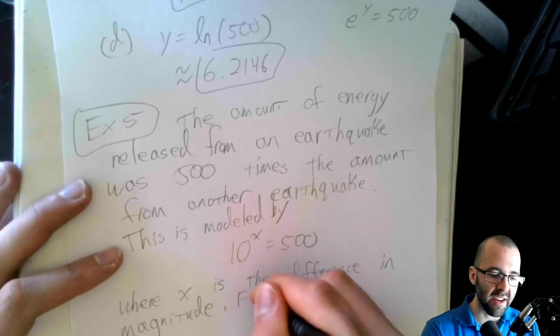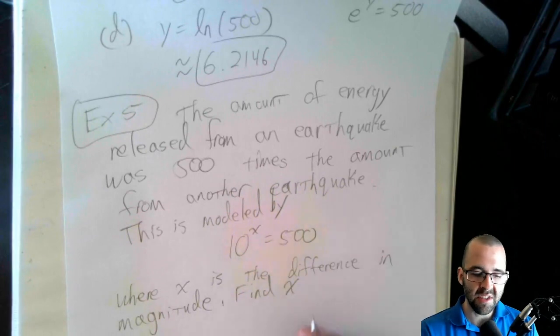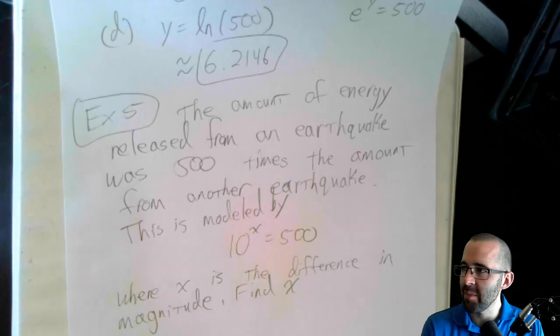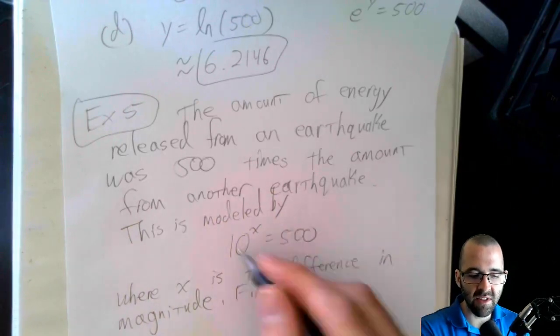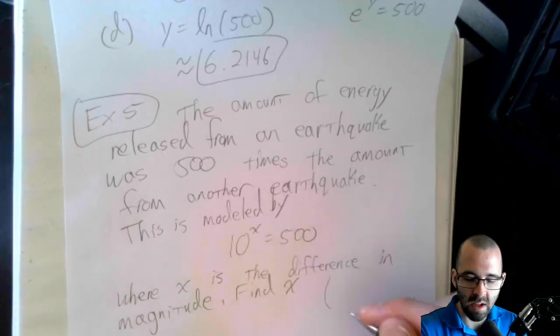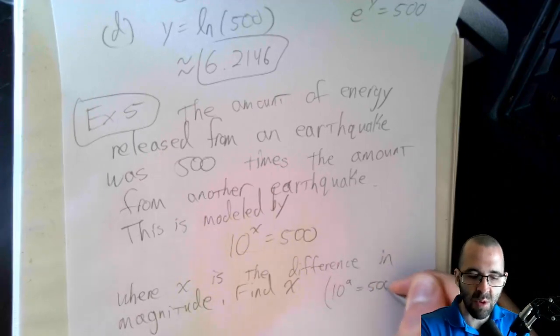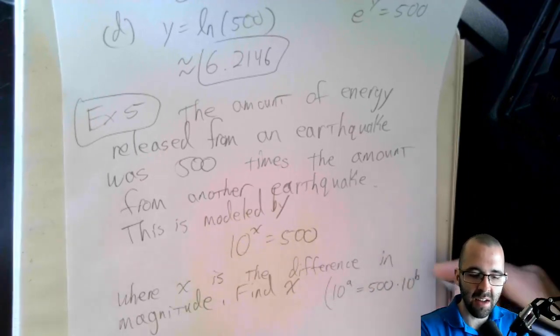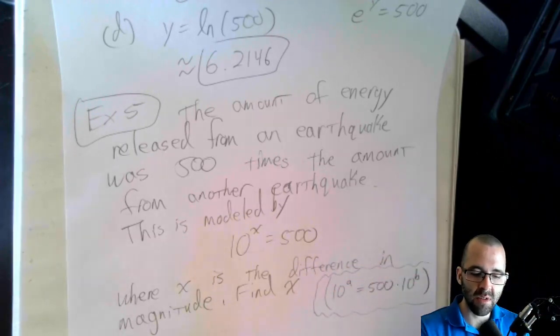And the question is, find that difference in magnitude. So, a side note, a little bit of history on how magnitude works and earthquakes. Really, this is a simplification of the problem. Really, the situation that we have is 10 to the A equals 500 times 10 to the B. Don't pay attention to this. This is just an explanation.